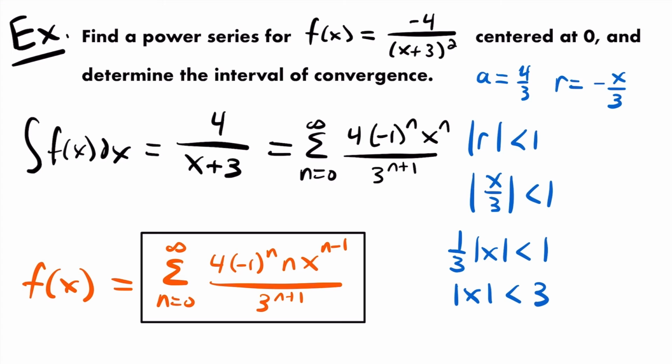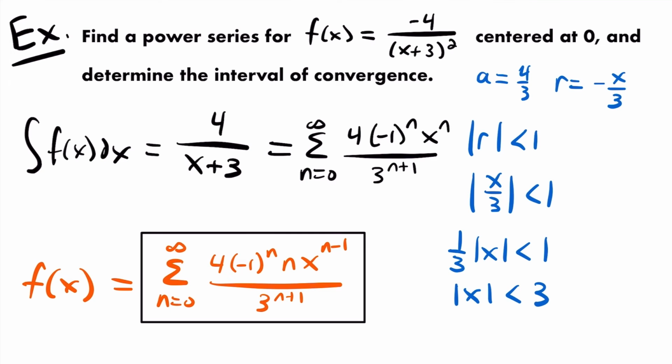Now we have a statement in the form of the absolute value of x minus c less than some value, which we would call the radius of convergence. Since our power series is centered at 0, we would have the absolute value of x minus 0, which is just the absolute value of x. Since it's less than some value, that value is the radius of convergence.